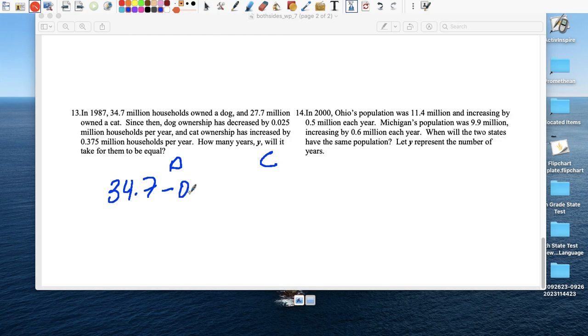The dog ownership and cat ownership, really. Cat ownership was at 27.7 million, and it's increasing by 0.375 every year. So dog ownership is decreasing, cat ownership is increasing.